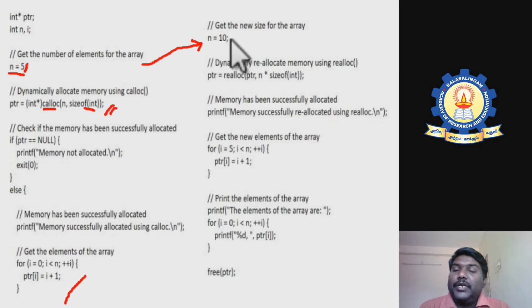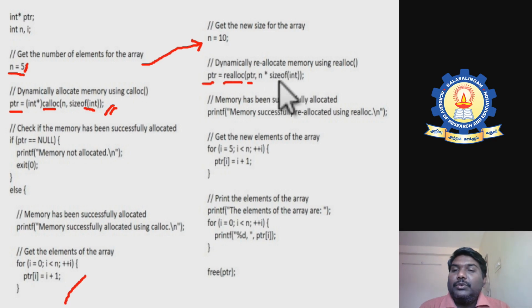Since we are increasing the size to 10, we need to go for the realloc statement. So realloc the same pointer ptr: ptr is equal to realloc of the pointer, comma, n into the size of integer, where n is the new size 10, into the size of integer. So it will reallocate the size.